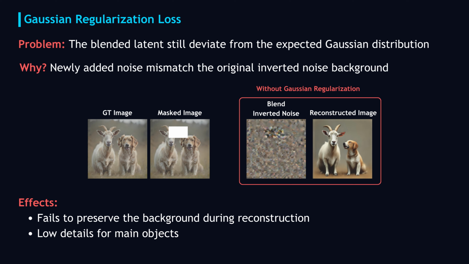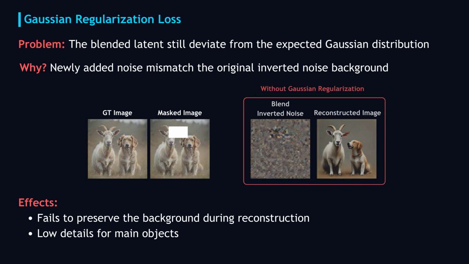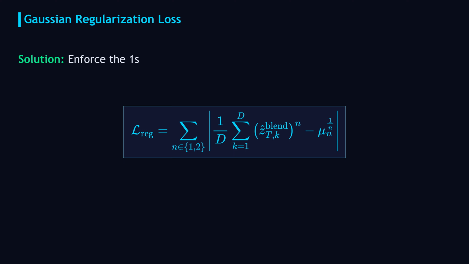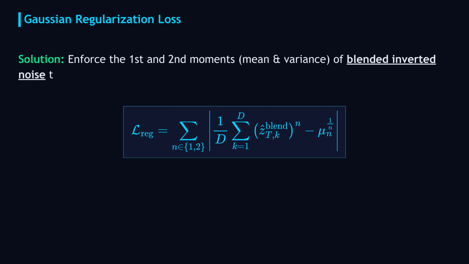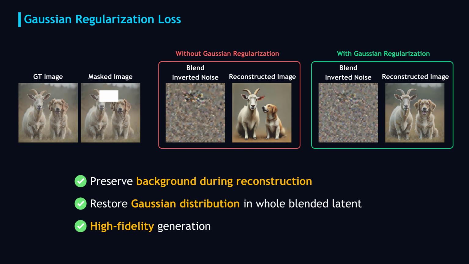So we introduce Gaussian regularization to make the blended latent more consistent and improve reconstruction quality. The idea is to enforce the first and second statistical moments, the mean and variance, of the blended noise latent to match those of the standard Gaussian distribution N(0, I). With the regularization, the background is well preserved and fine image details are faithfully restored.